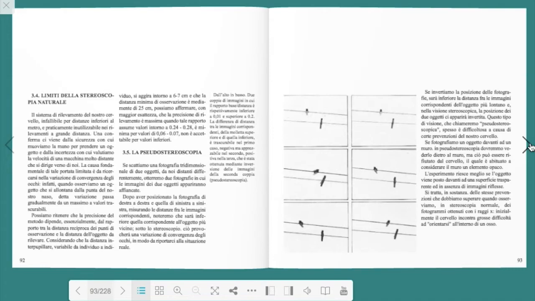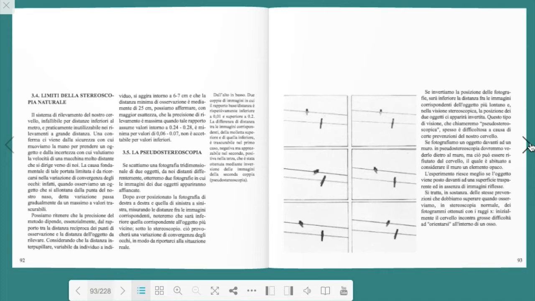3.5. Pseudo-stereoscopy. If we take a three-dimensional photograph of two objects, differently distant from us, we will obtain two photographs in which the images of the two objects will appear side by side. After positioning the photograph on the right to the right and the photograph on the left to the left, measuring the distances between the corresponding images, we will notice that the one corresponding to the closest object will be less, under the stereoscope.